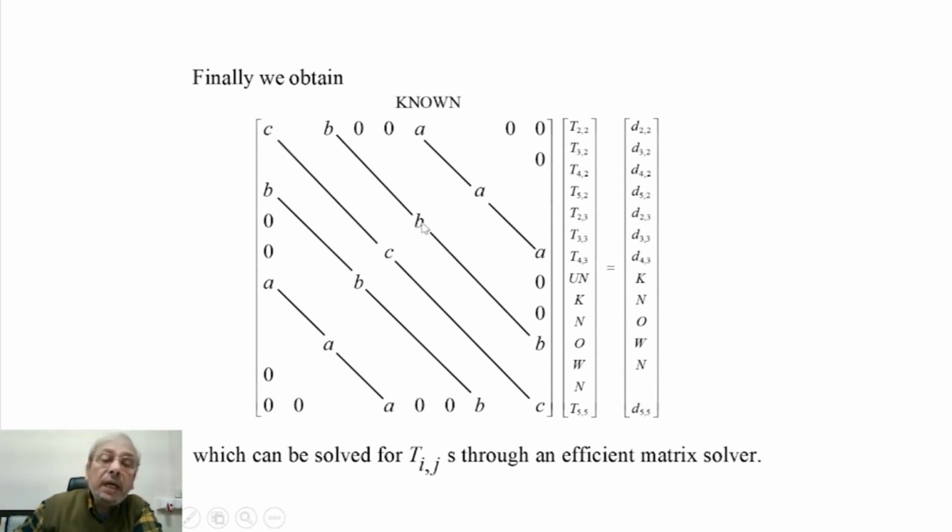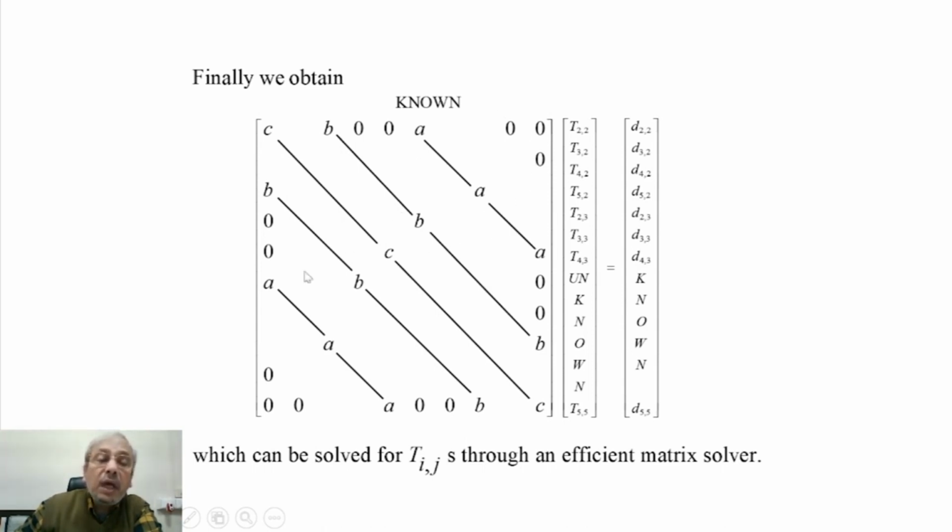Here we can see that the coefficient matrix we obtain will have diagonal dominance. That means we'll get one principal diagonal, and since it is the Laplace equation, we'll get two subdiagonals with non-zero elements and two superdiagonals with non-zero elements.